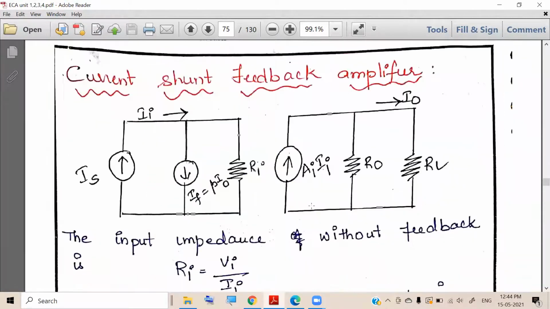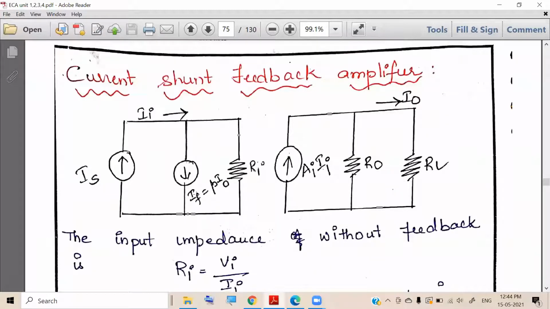The last one is the current shunt feedback amplifier. The first term always represents the output, so the output is current. Shunt means the feedback signal is current; we take the feedback signal as If.